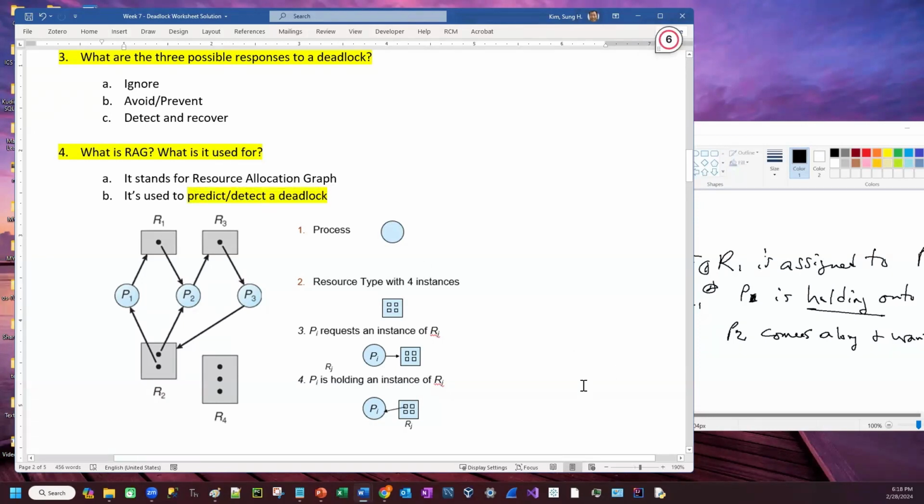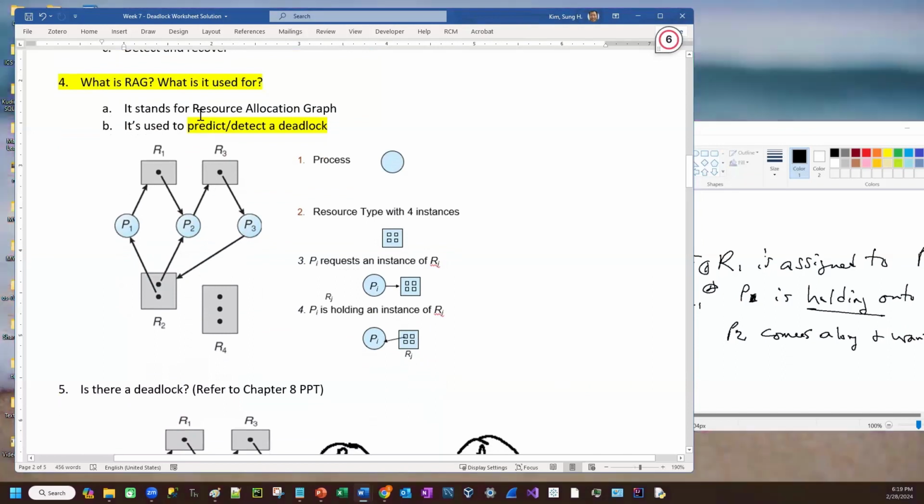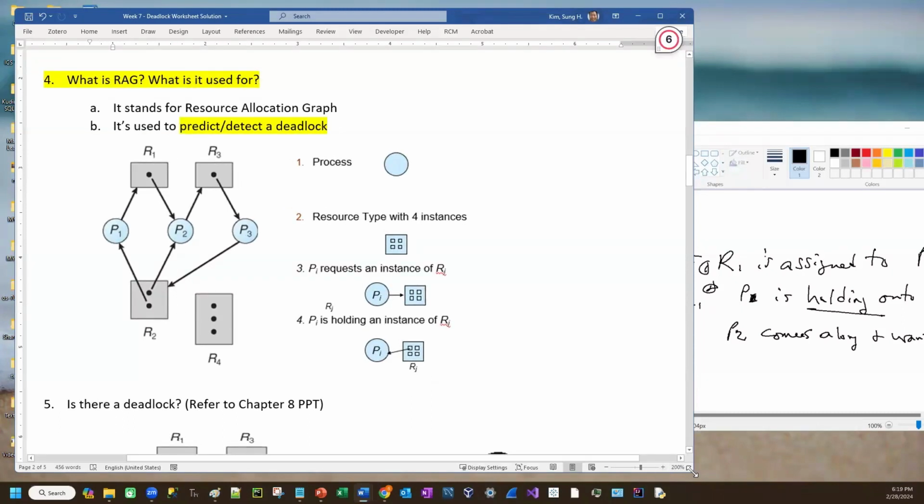Okay. So let me explain a little bit about the resource allocation graph. It has several parts, I should just say. There's a list of all the processes, like in here, it is process 1, 2, 3, right?